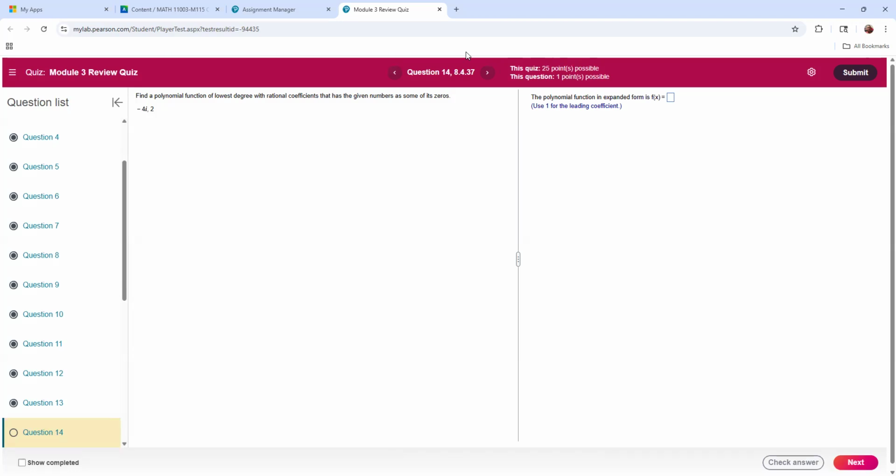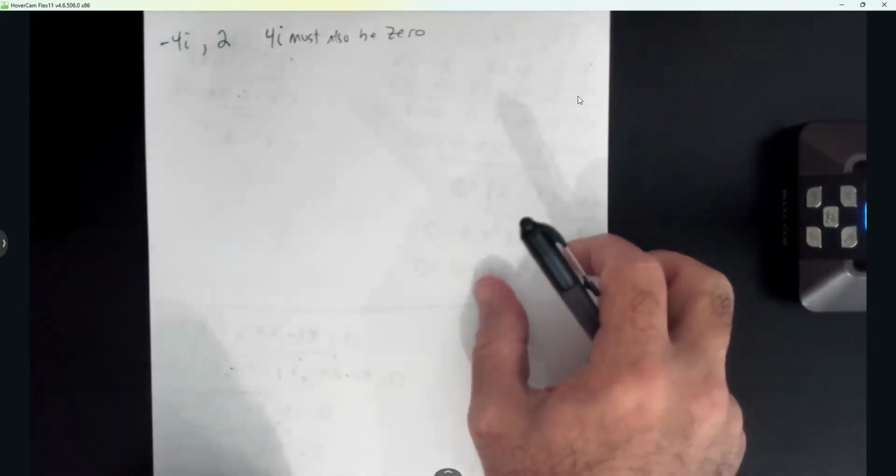But the thing on this one, they're only giving me part of my zeros. But we know this. If negative 4i is a zero, then a positive 4i must also be a zero. Okay, so if they give you imaginary, its conjugate pair will have to be a zero also, okay?